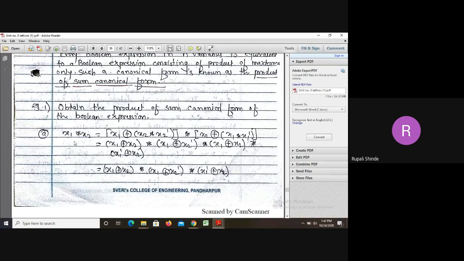First of all, just tell me what would be the possible columns in the truth table. x1, x2, and x1 star x2. Yes, correct. So solve this example and tell me your answer.